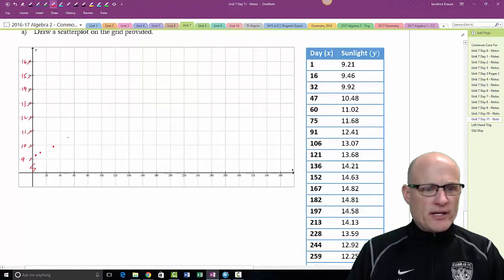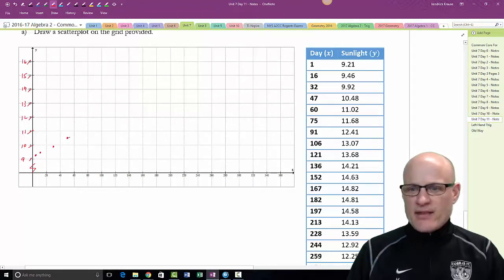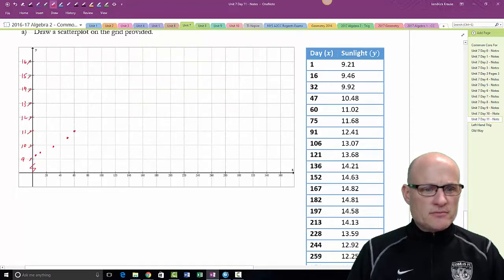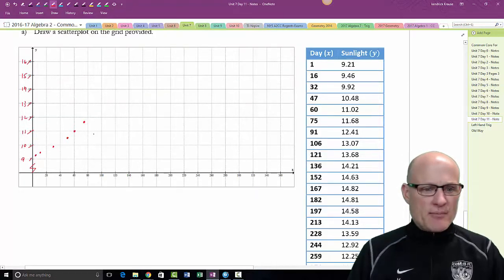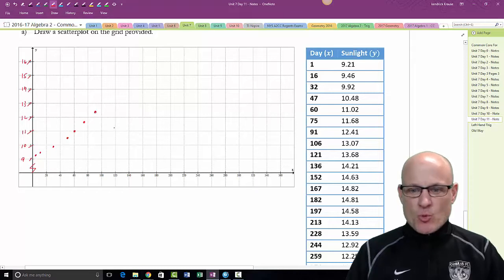I'm 10.48, so 10.5 approximately. And then at 60, I'm at 11. And at 75, I'm at 11.7. And at 91, I'm at 12.4. So now this is a much better scale.